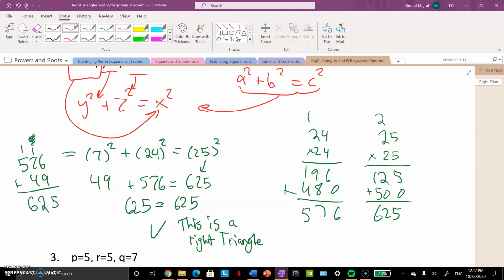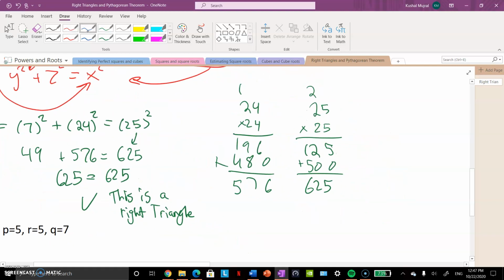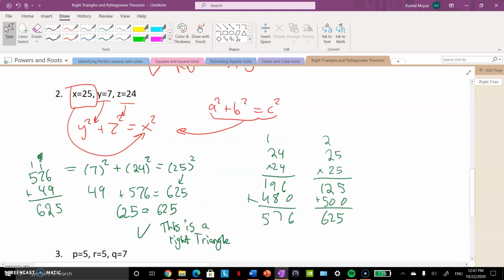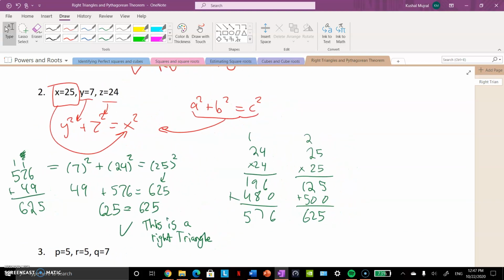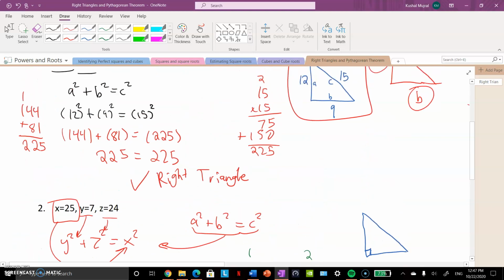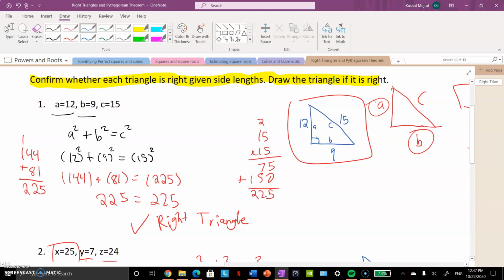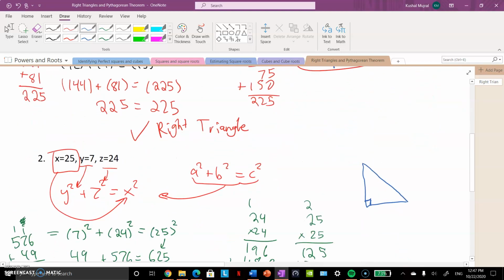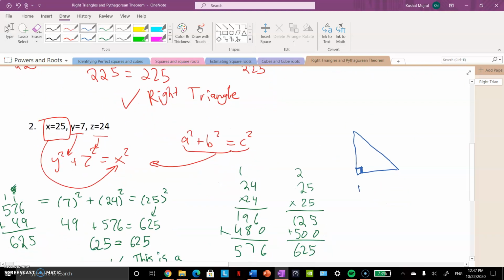Now you're going to draw the triangle, starting in blue. Let's take a look at the question one more time. So there's X, Y, and Z. So this is the triangle. Also, whenever we're drawing a right triangle, we want to draw this box here. Whenever we draw a right triangle, we're always going to signify this box here, which means this is a 90-degree angle. Okay?